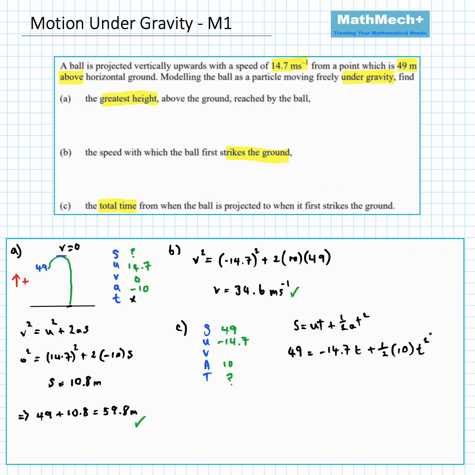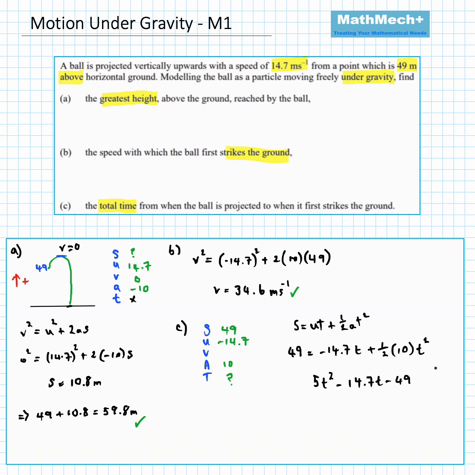You could use complete the square, but use your calculator. Always use your calculator in this exam for any shortcuts. You should get t is approximately a negative and a positive number. So 5t squared minus 14.7.